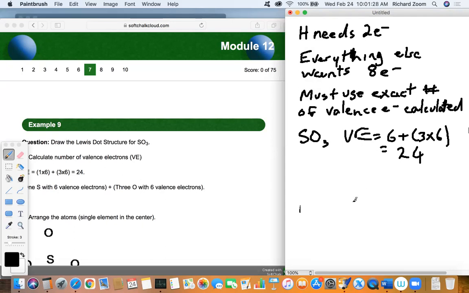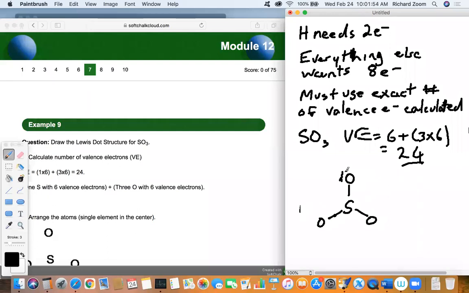Then what you would do is figure out where the electrons go. The first thing you would do is put the S in the middle and 3 oxygens on the outside. Then you'd put a bond from the sulfur to each oxygen. Remember, our goal here is to use 24. At the present time, we've used 6 electrons. Does anybody have any questions so far?